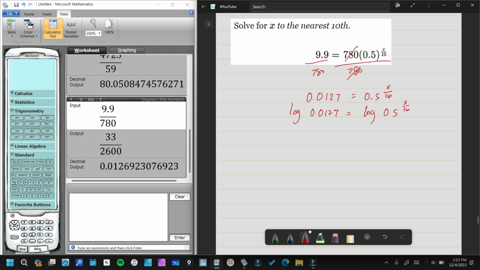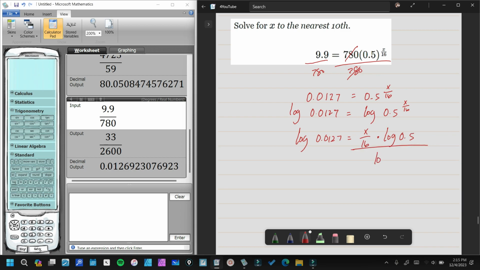And again, using one of the properties of logarithm, this will be equal to x over 16 times logarithm 0.5. This is logarithm 0.01227.